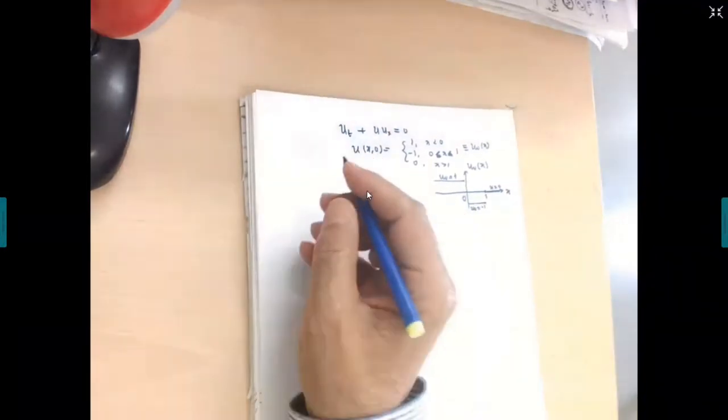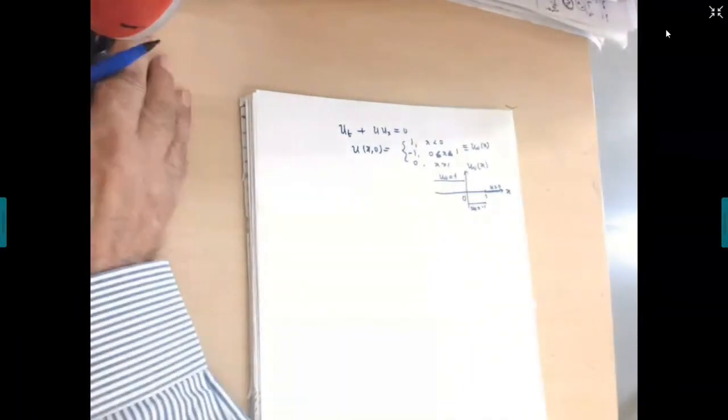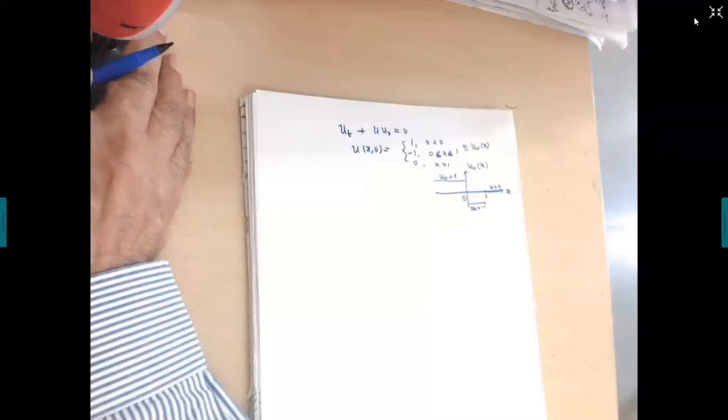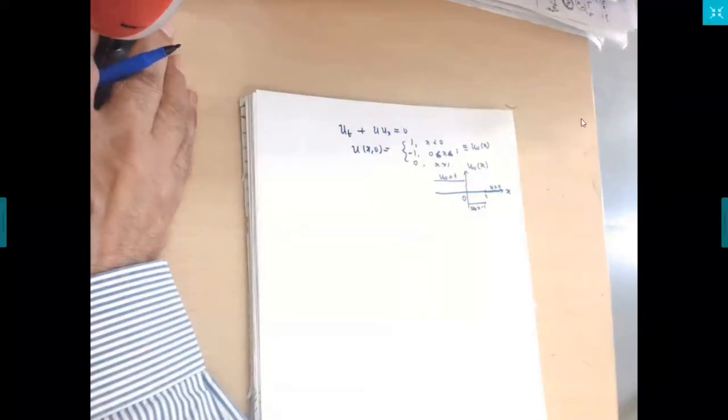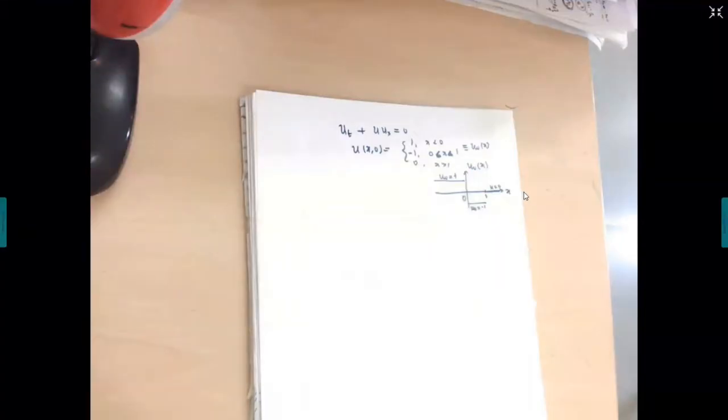So how many participants are there, by the way? Can I see how many people are there? 33. Oh, very nice. Good number. So I can ask them to please tell me how to proceed now. Hello? Yes, sir. Somebody should tell me how to proceed.